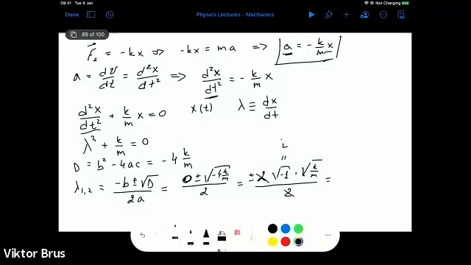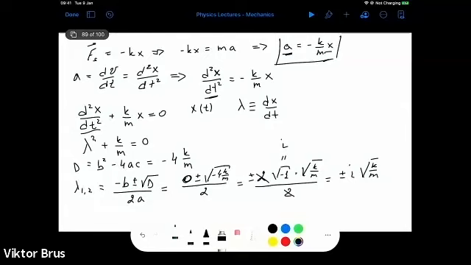And we will end up with plus minus i times square root of k divided by m. So this is a solution of our characteristic equation.